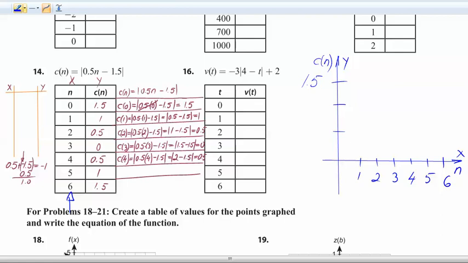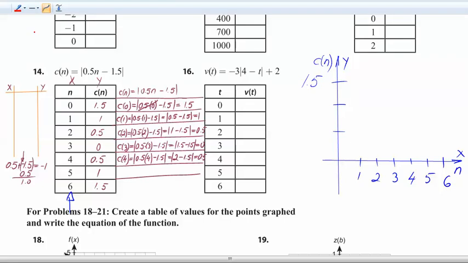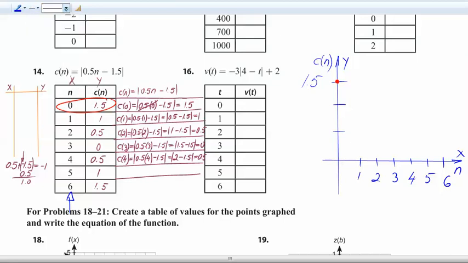And we're moving on. First point. All right. First point is 0 and 1.5, right? Which is basically your y-intercept right there on the y-axis. Next point.